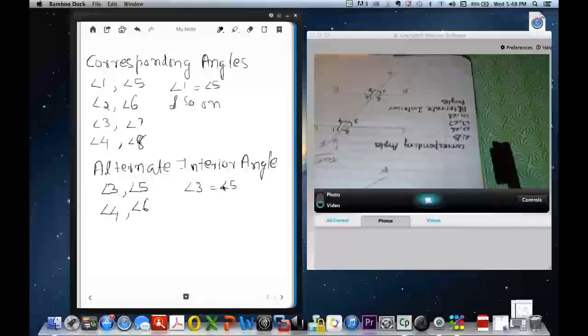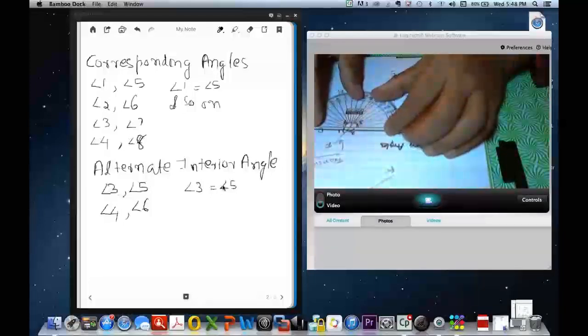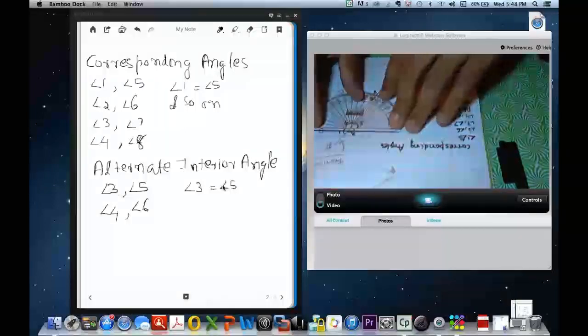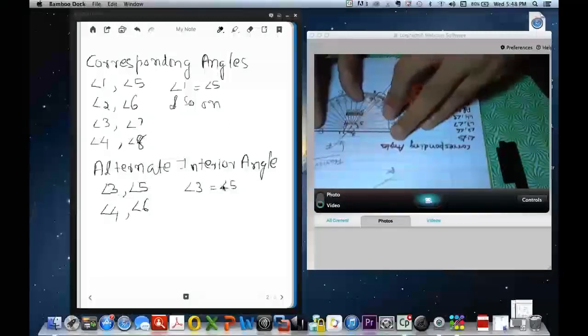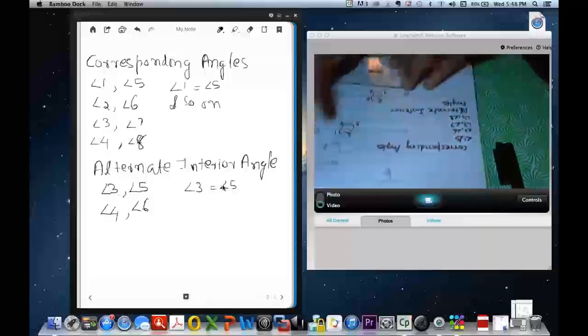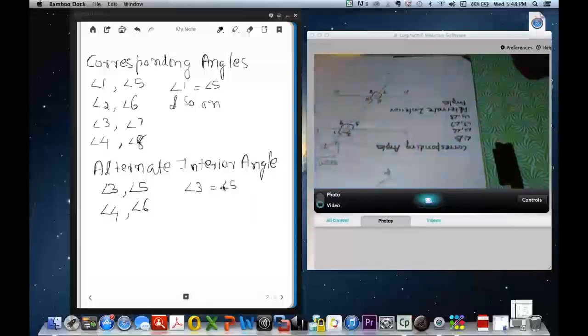I can measure it. So let us look at angle 3. So angle 3 is coming to 62, right? 62 or 61 probably. Yeah, angle 1 is 61, so angle 3 also should be 61 because they are opposite angles, right?